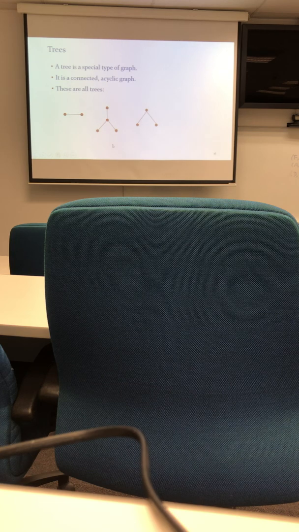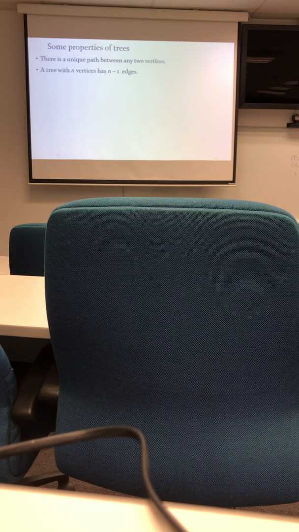There's no cycle. There's no more than one path connecting a pair of vertices. For every pair of vertices, there's only one path connecting them. So such graphs are trees.